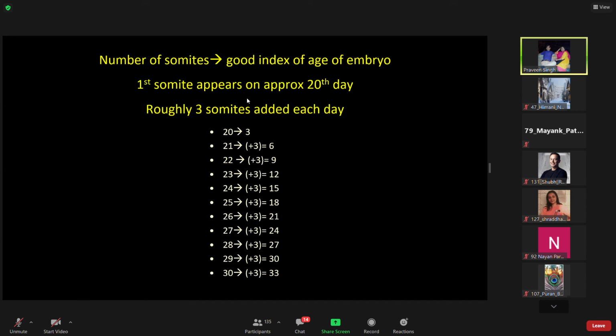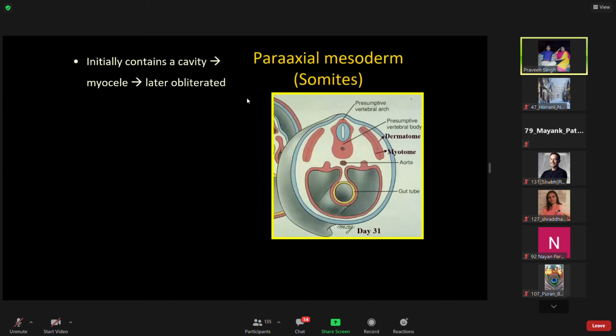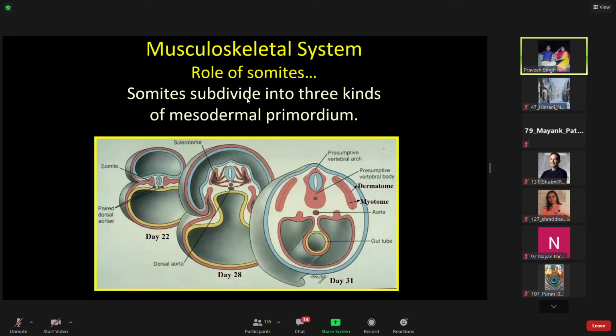Number of somites gives a good index of age of the embryo. First somite appears on approximately 20th day, and roughly 3 somites are added each day, as you can see. And in the somites, if we see how do they develop, so first it is myocoele. If you see here, this diagram, this is a somite.